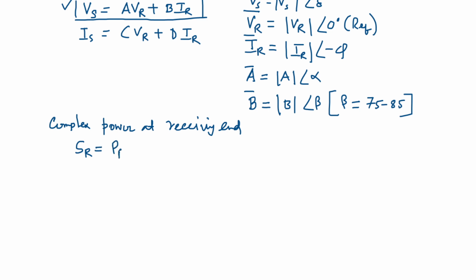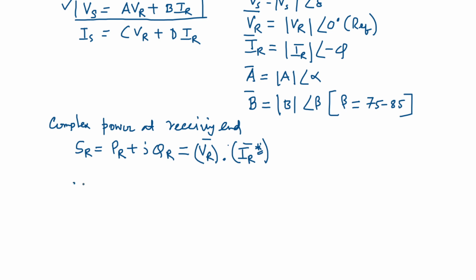SR should be equal to active power at the receiving end plus reactive power at the receiving end, PR plus jQR. Which is equal to the voltage at the receiving end and the receiving end current conjugate, not VR into IR, but you must consider this conjugate sign, star. So VR into IR star.